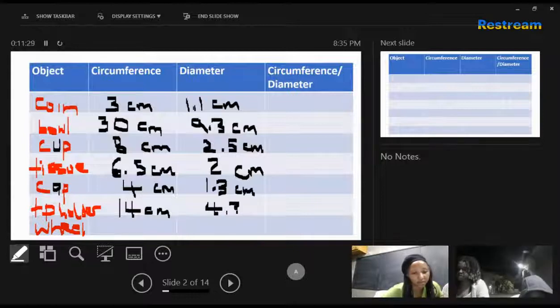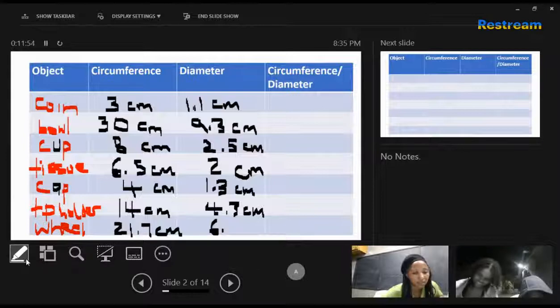All right, for the wheel, the circumference I got 21.7 centimeters. And for the diameter, I got 7 centimeters.